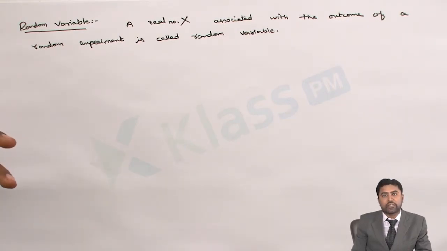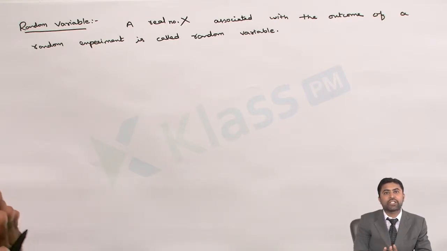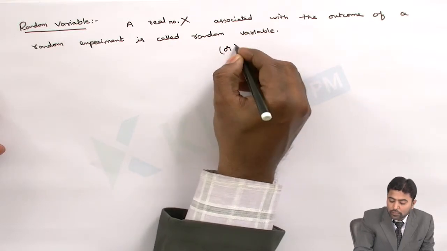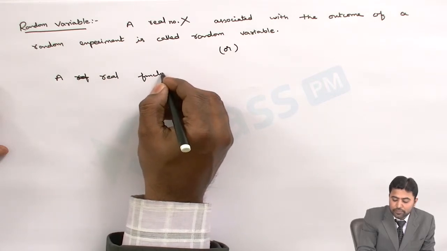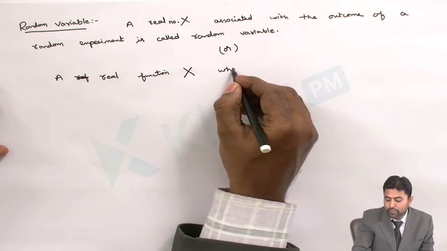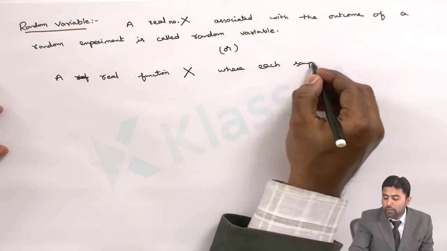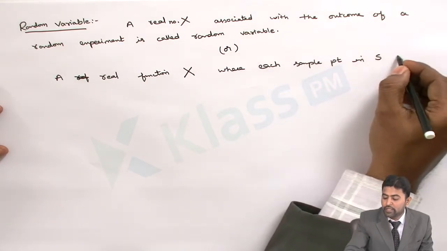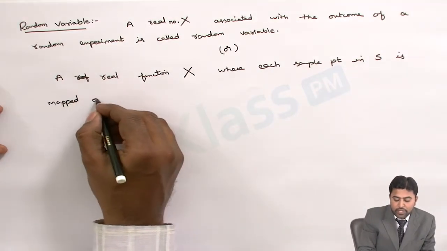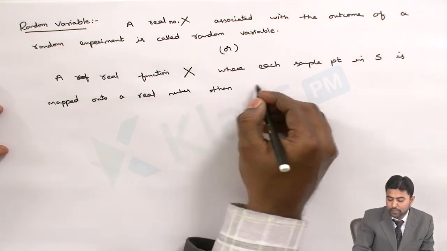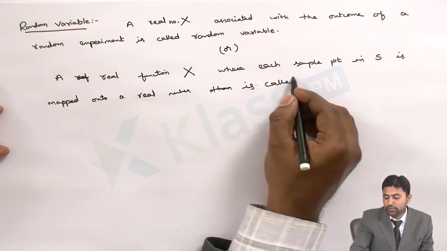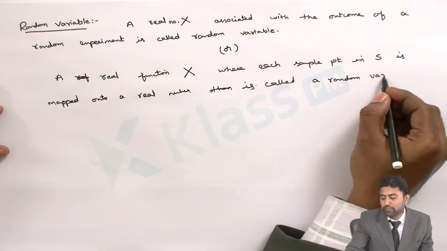Or we can also define it in another way: the quantities which vary with some probability. If they are varying with some probability, that is also called a random variable. Or a real function capital X where each sample point in S is mapped onto a real number is called a random variable.